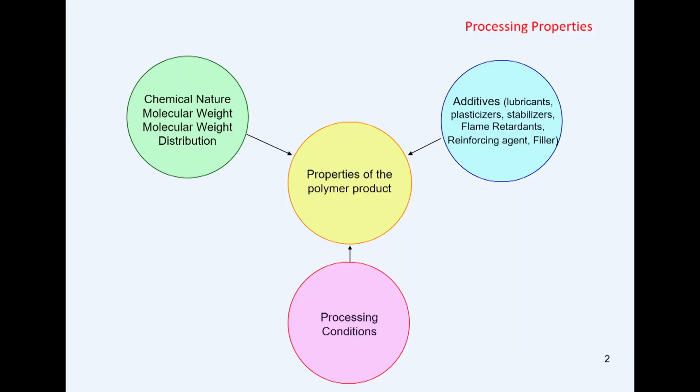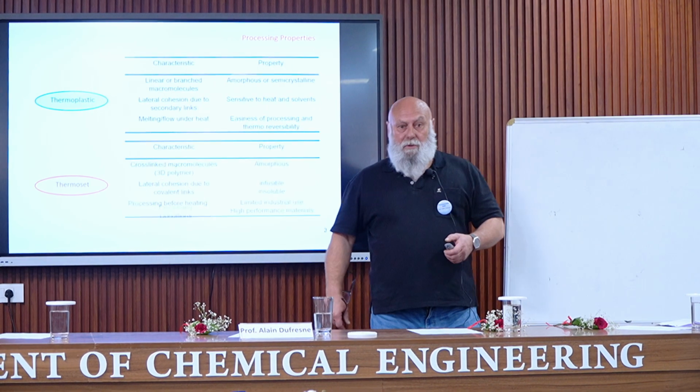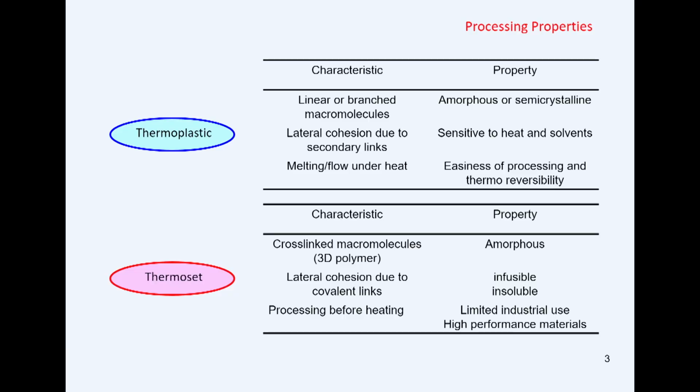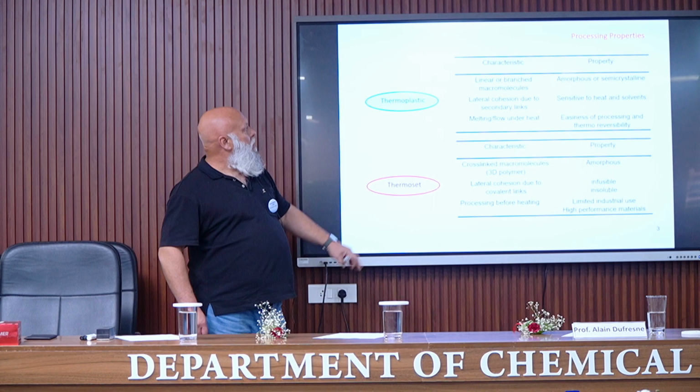But the processing conditions are also important. So there are typically two families of polymers that we already discussed, thermoplastic and thermoset polymer. You can see in this table the characteristic of each family and the resulting properties that can impact the processing of the material.